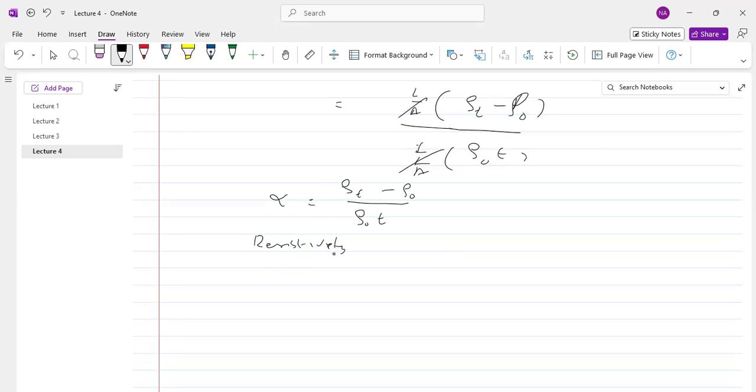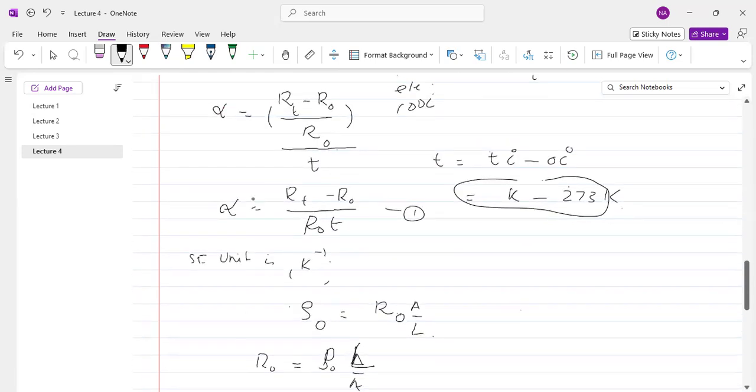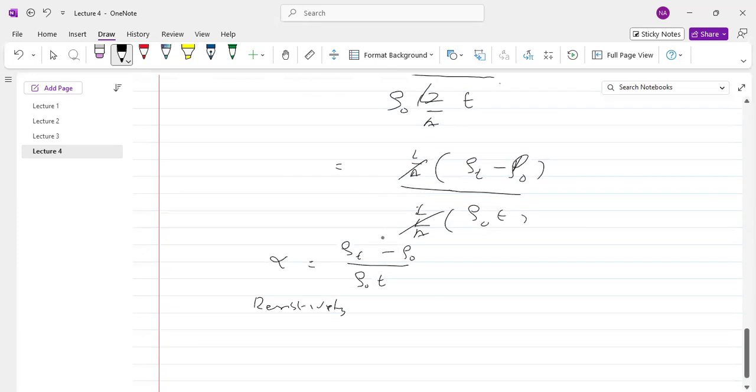You should learn and remember these two relations. The first relation is the temperature coefficient of resistance in terms of resistance, and the second is the temperature coefficient of resistance in terms of resistivity.